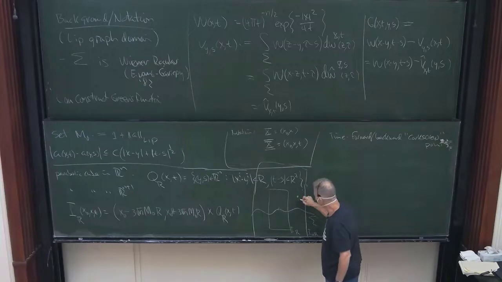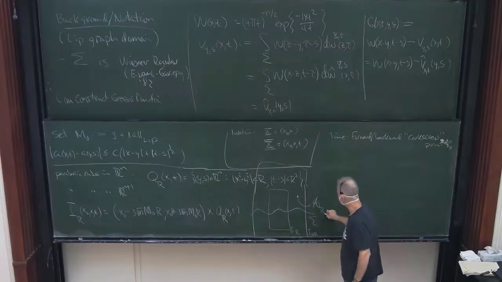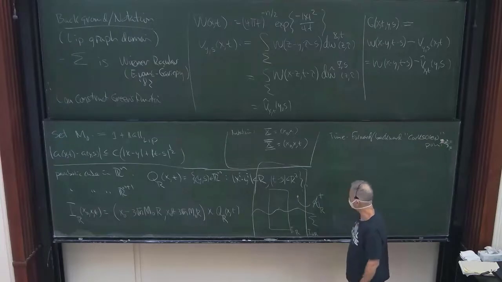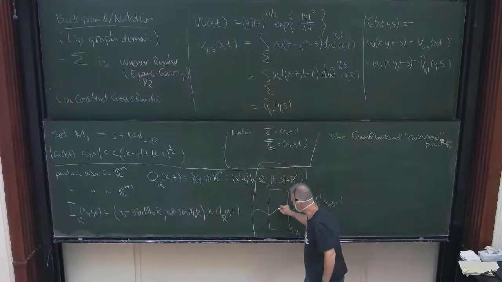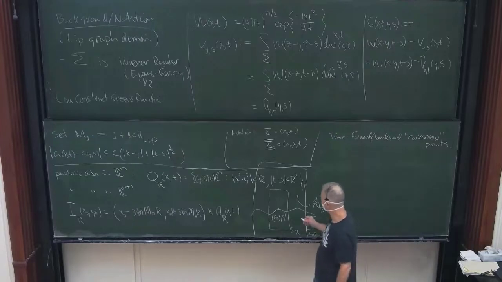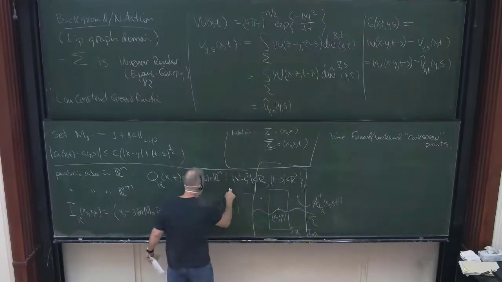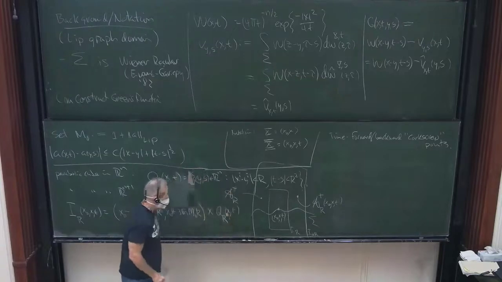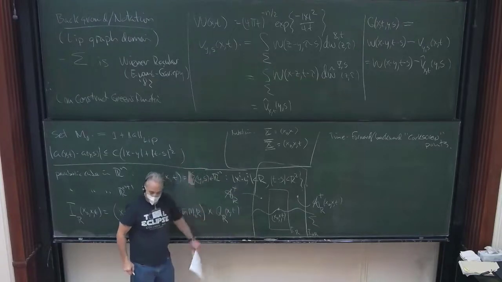There's going to be a point here, the time forward point, which I'll denote as a script AR with a plus to denote time forward of x naught xt, where x naught xt is the center here. And then there's another one, AR minus, is this guy back here. If the center is understood, I'll just write it like this.